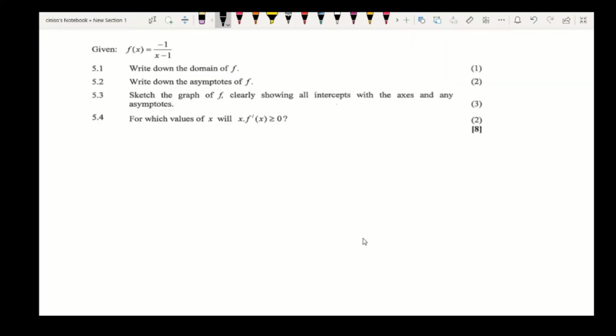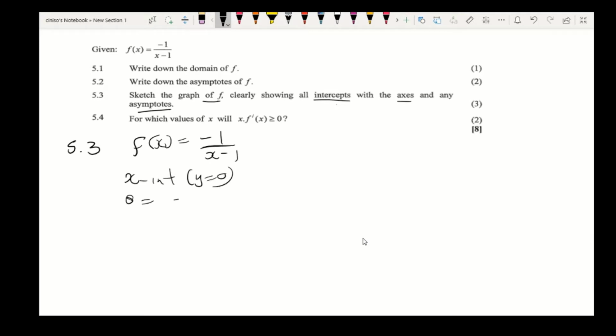5.3. Sketch the function of f. Clearly show all the intercepts with the axes and the asymptotes. So if we are going to draw the function, we have f of x is equal to minus 1 over x minus 1. To find the x-intercept first, where y is equal to 0, we have 0 is equal to minus 1 over x minus 1.